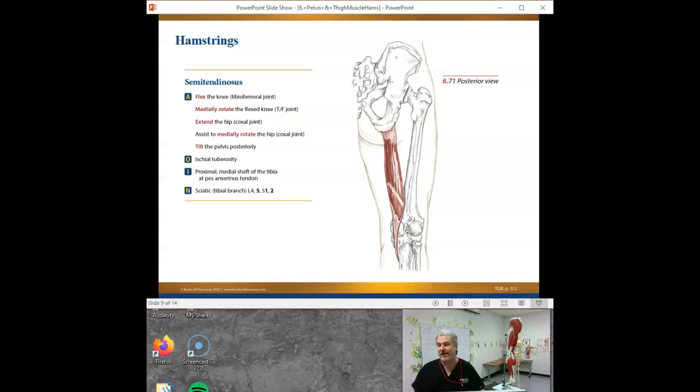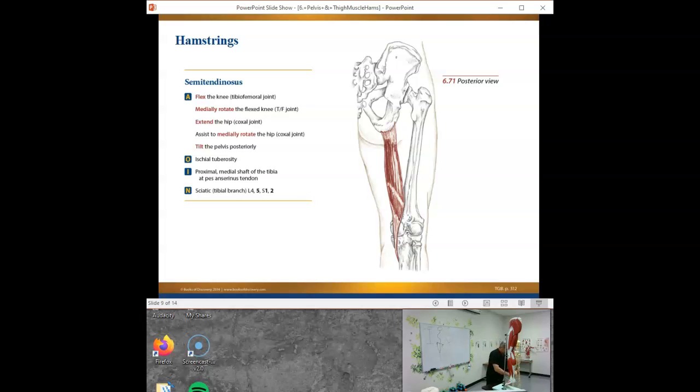Pes anserinus. Miss Bilotic, what does pes anserinus mean? Have we been over this before? Yeah, I haven't mentioned it a lot, but I did mention what it's called. To give you a hint, it means something. It has to do with a bird.